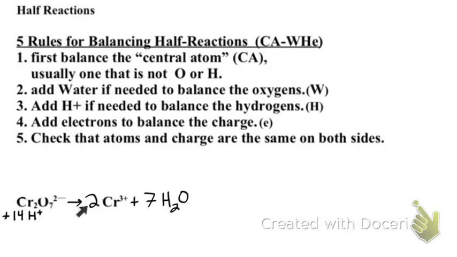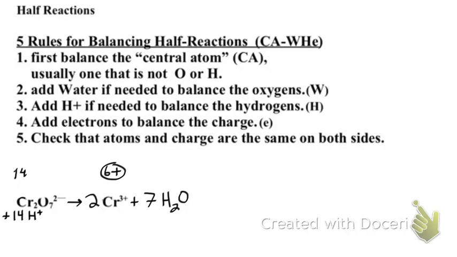These coefficients multiply the charge as well. So on this side of the equation I have a 6+ overall charge. On this side of the equation I have 14 H+. If one H is +1, 14 of them is +14.